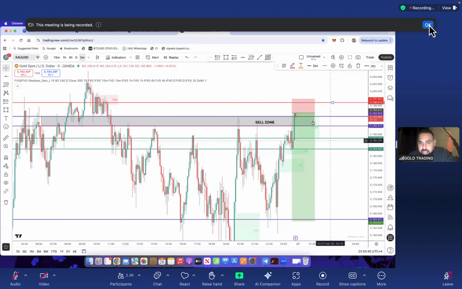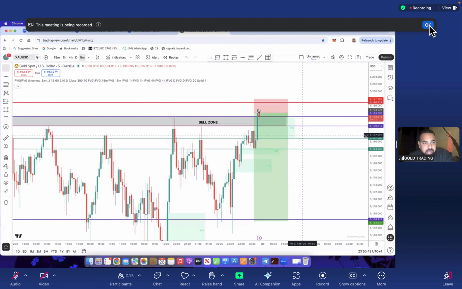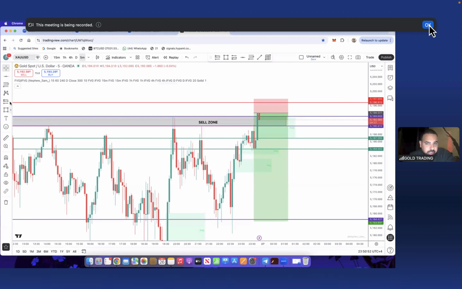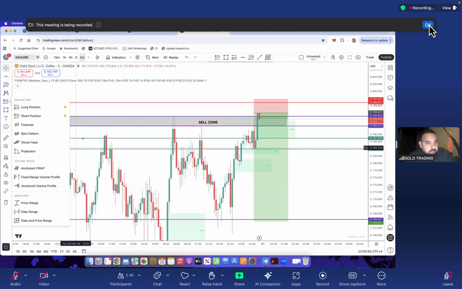What we want now is to see a nice downwards motion to at least 50% of this massive candle. There's a little gam box that I've got. I'm going to use this quickly to see where it goes. Where's my gam box?